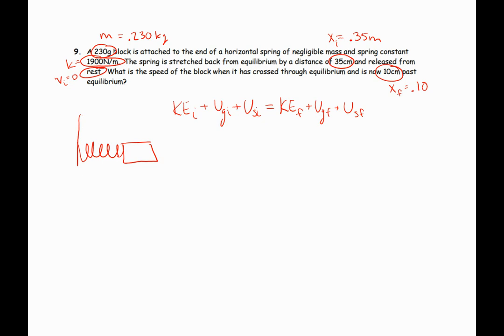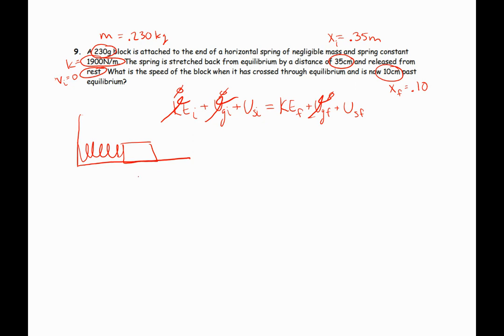Okay. Now, because we're dealing with a horizontal spring and our gravitational potential energy is not changing, we're going to set gravitational potential energy equal to 0. Also, because my object is at rest at first, that means my kinetic energy initial equals 0.